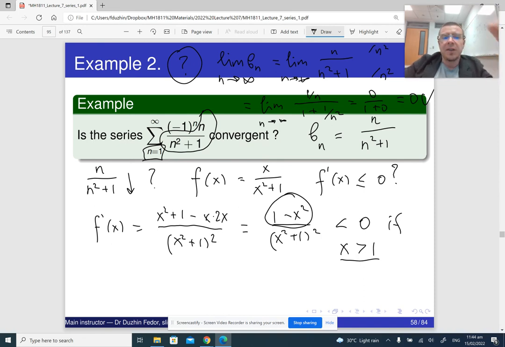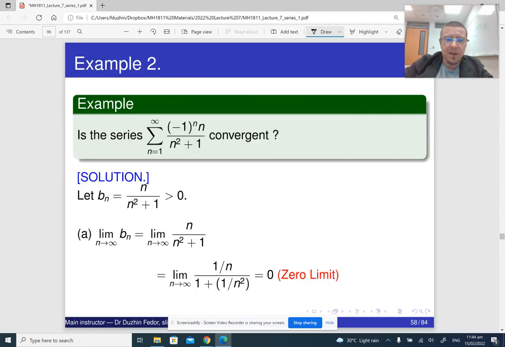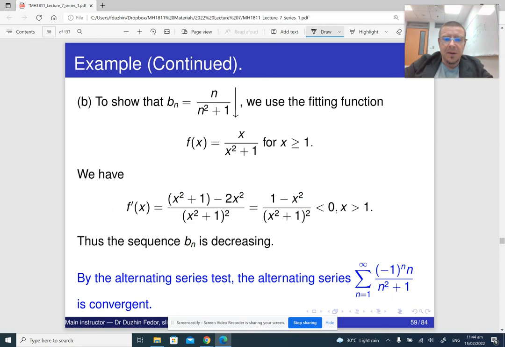So the sequence is decreasing and our series converges. Basically this is the same solution, only typed nicely. And again, the conclusion of the alternating series test is always that the series converges. If the series diverges, then it means that we cannot apply the alternating series test.